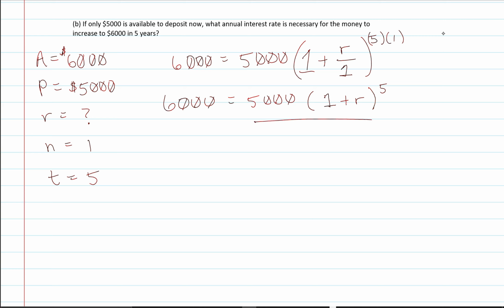So we'll just go ahead and divide both sides by 5,000. This cleans it up a little bit more for us, so then we don't have anything in front of the parentheses here. So 6,000 divided by 5,000, putting that in our calculator, we get about 1.2, and that's equal to 1 plus R raised to the 5th power.